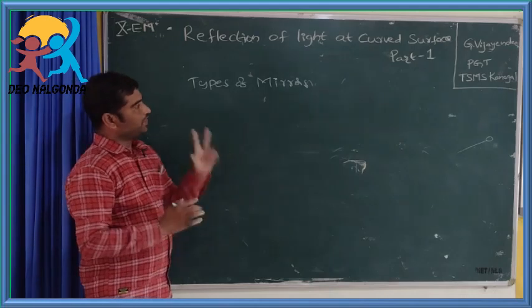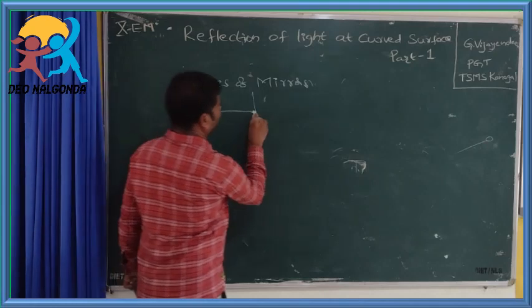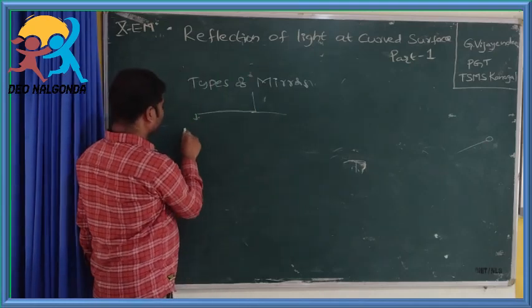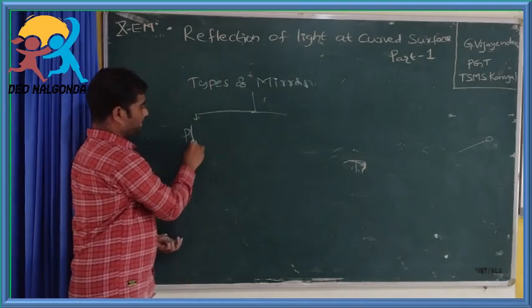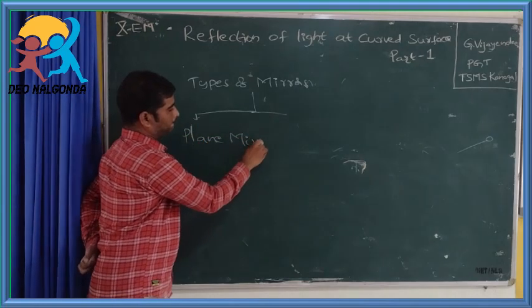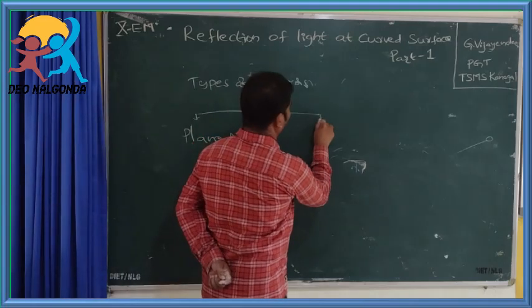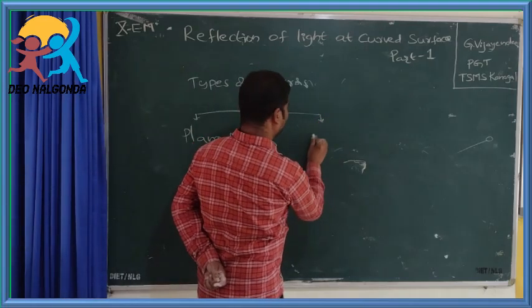On the basis of the surface, mirrors can be divided into two types. One is plane mirror, the second one is curved mirror or spherical mirror.